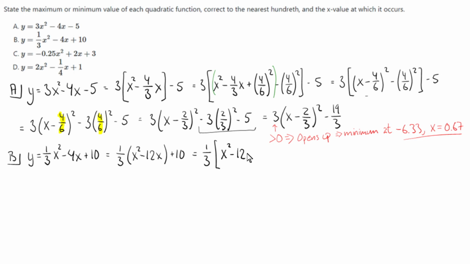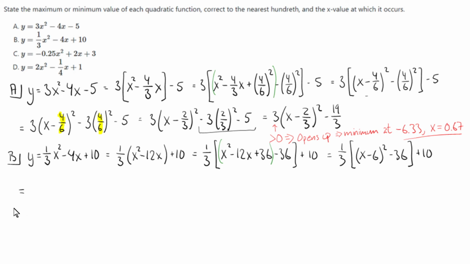So we take 12 divided by 2 and square it. That's 36. So plus 36 minus 36 plus 10. We now have our perfect square trinomial right there. So we go ahead and factor it. And that's going to be x minus 6 squared. And then we have minus 36 and plus 10.